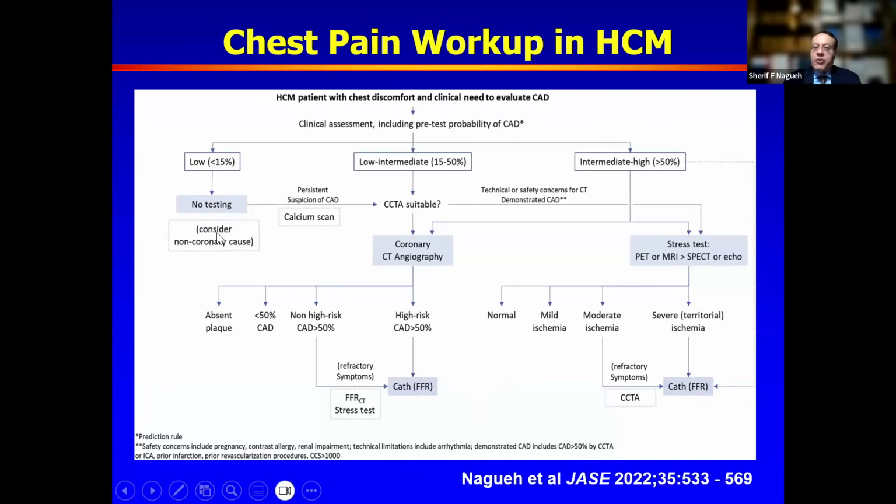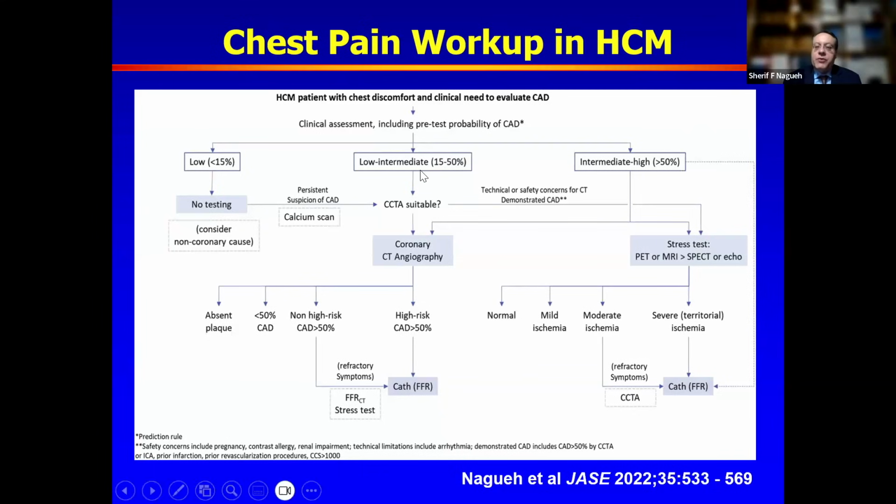And we are looking for non-coronary causes. If the pain is persistent and the patient wants something done, so to speak, you can do a coronary artery calcium score. And if there is zero calcium, that could end the situation because the likelihood that there is actual stenosis is very low in this scenario.